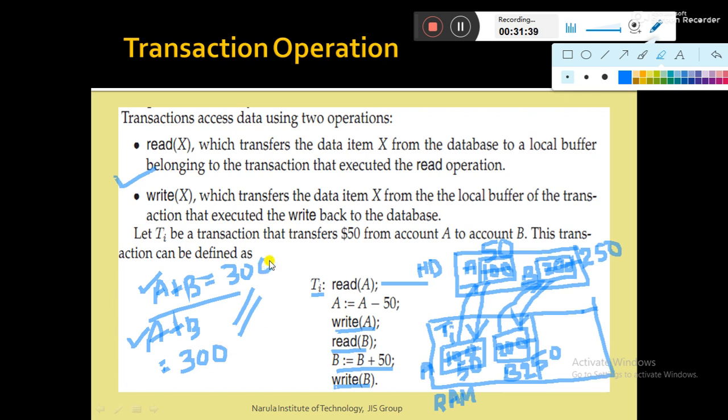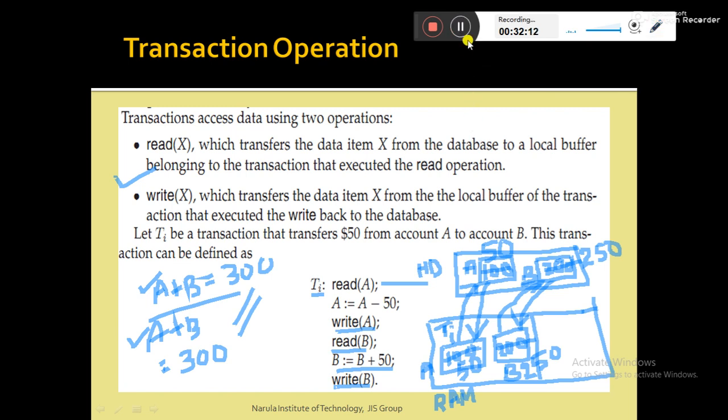Initially the total account balance is 300, but after the successful execution of Ti, A plus B becomes 250. That means 50 rupees is destroyed, which should not happen. Then we can say that the database becomes inconsistent, because of writing wrong code. That means providing the consistency property is the responsibility of the application programmer also.